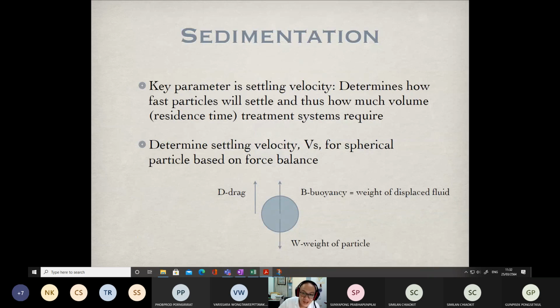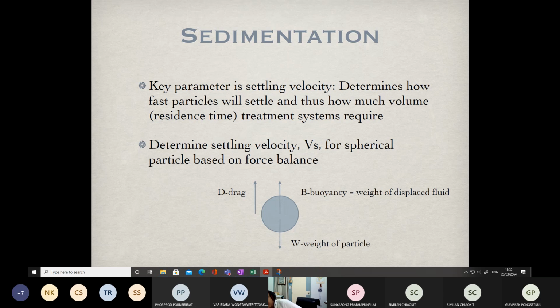This is how we obtain the settling velocity of the particles by considering the force balance, the forces acting on the particulate matter in water. There are basically three types of forces acting on the particles in water.